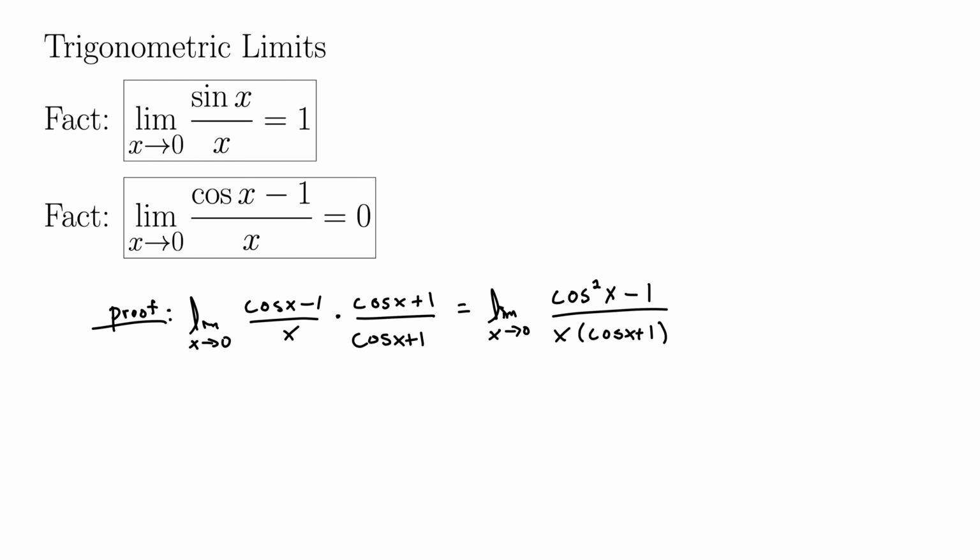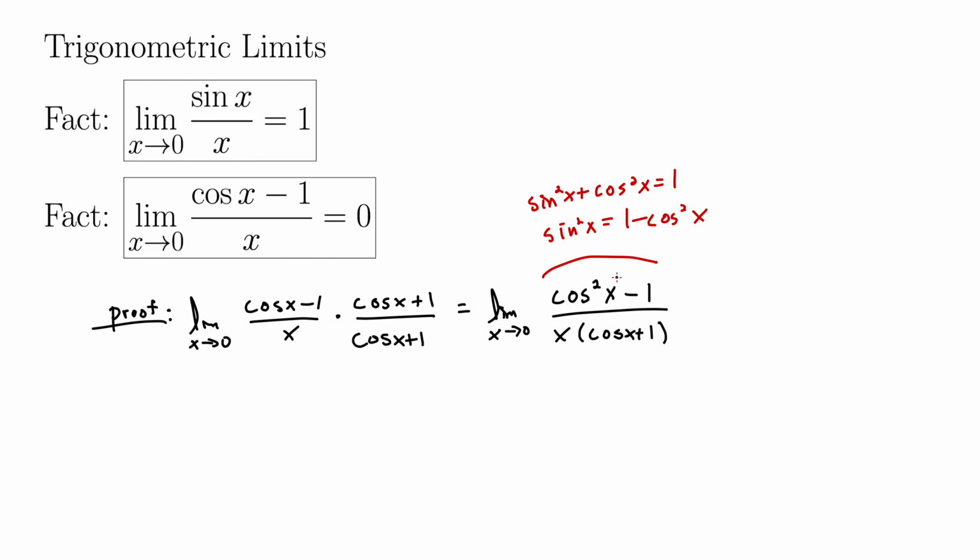Now, we can use a trig identity here. Can you spot it? It has to do with this cos squared x minus 1. Remember, the Pythagorean identity tells us that sine squared x plus cos squared x equals 1. So sine squared x is 1 minus cos squared x.